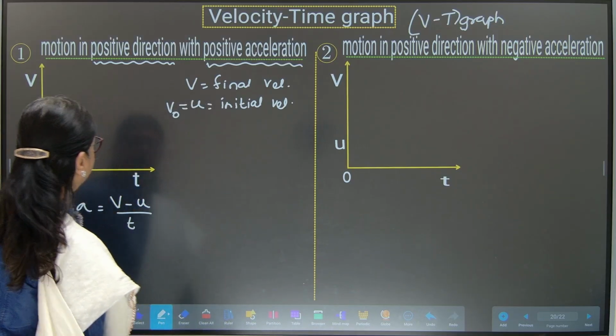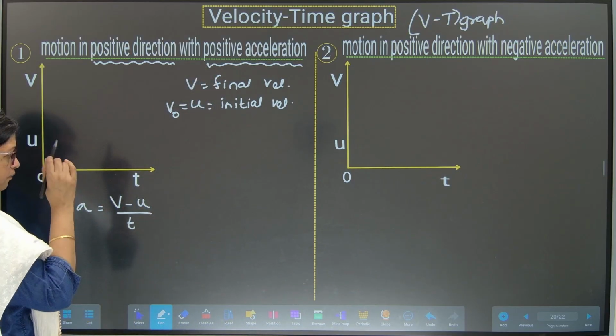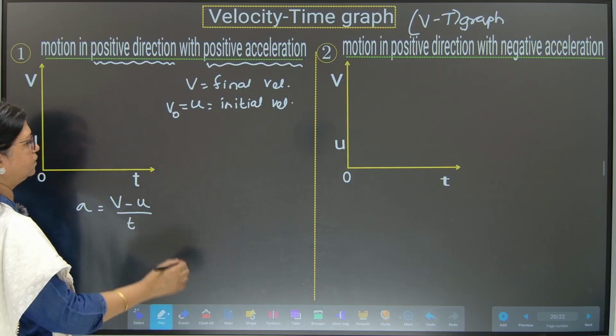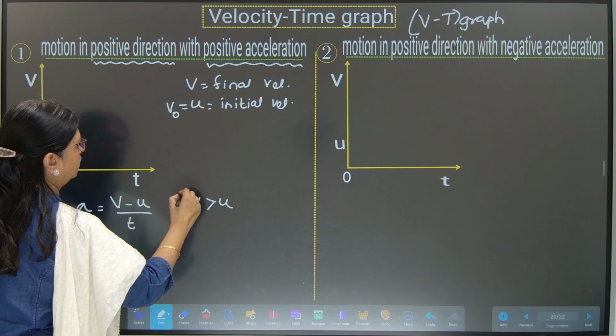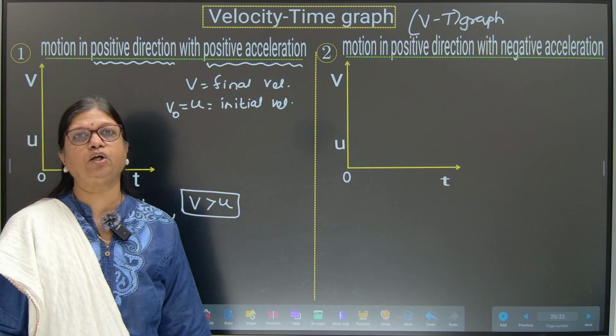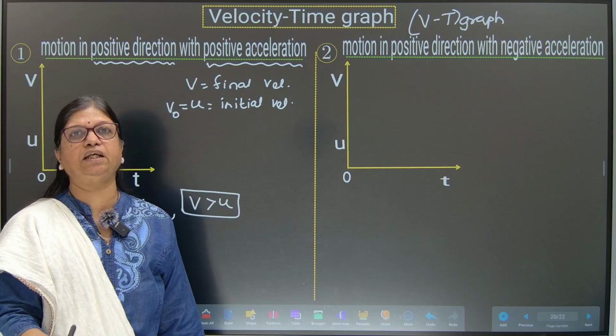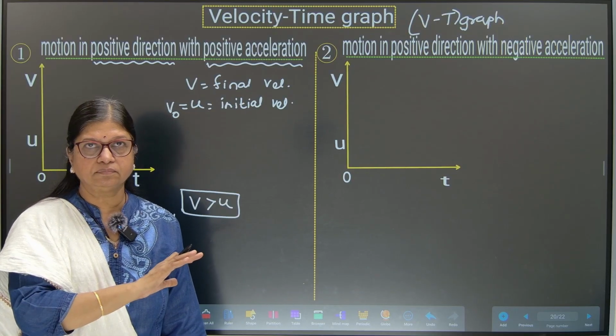Fine? Okay. So now you can see for positive acceleration, we will get a positive answer for acceleration only if V is greater than U. So if final velocity is greater than initial velocity, only then the acceleration will be positive.